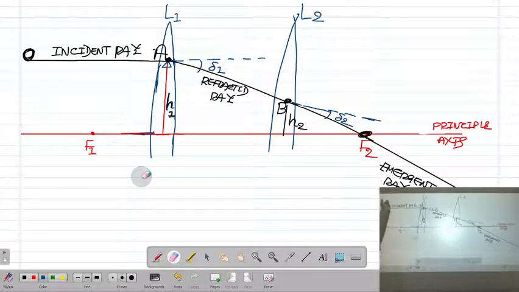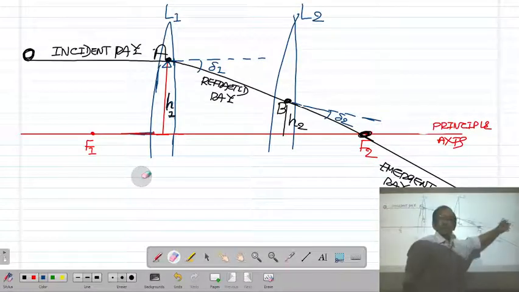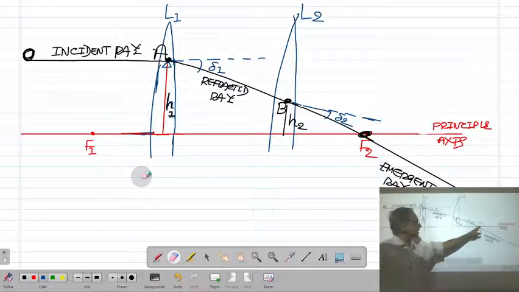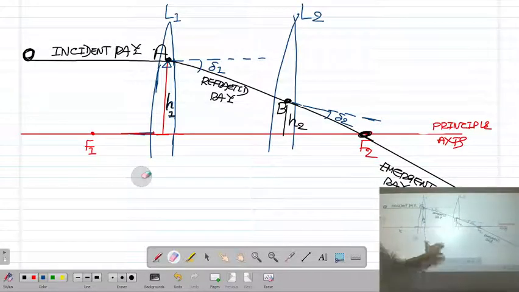So this is the theory. Let us consider an optical system consisting of two lenses L1 and L2, having first focal point f1 and second focal point f2. The separation between the two lenses is d. Okay.